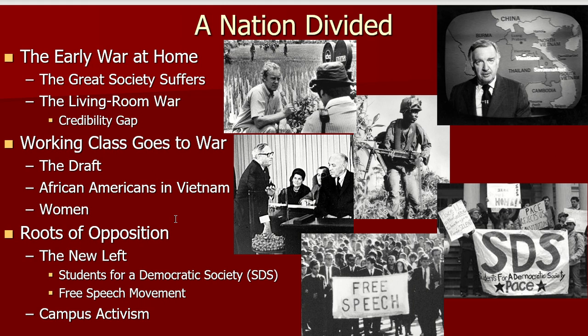But the media was in this war, this being the first televised war, the first living room war. The media was there constantly watching all this happen and showing video footage of body bags coming back home and actual combat situations, and it seemed that what they were telling us versus what was actually happening was not actually true. So there's a credibility gap growing every year the war goes on, that people begin to trust the government and the war less and less.